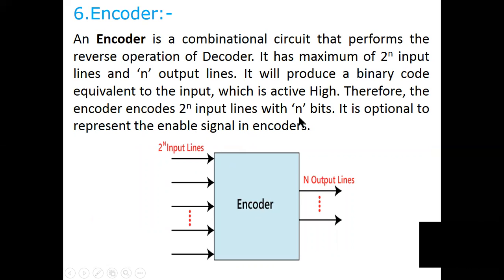It is optional to present the enable signal in the encoder. So it is opposite of your decoder. If you have 2 outputs, the inputs are 1, 2, 3, 4. Likewise, if the output is 3, the input is 8 inputs.